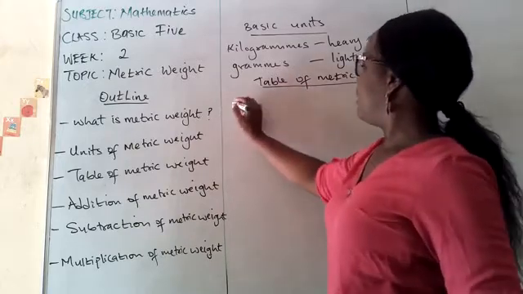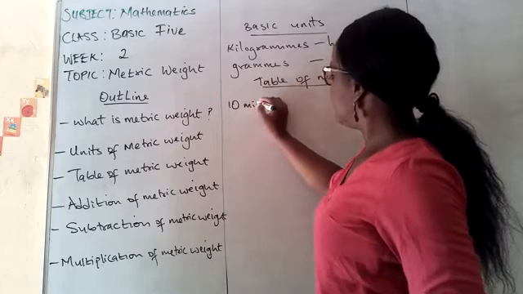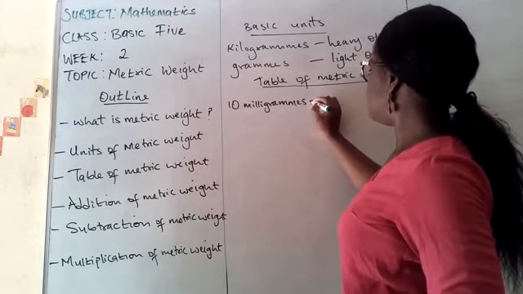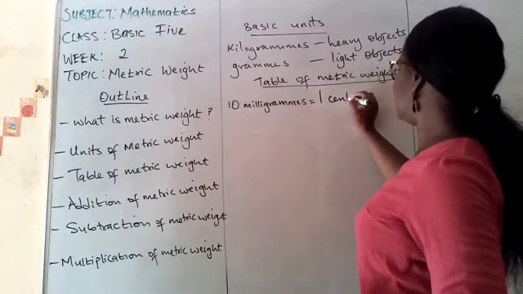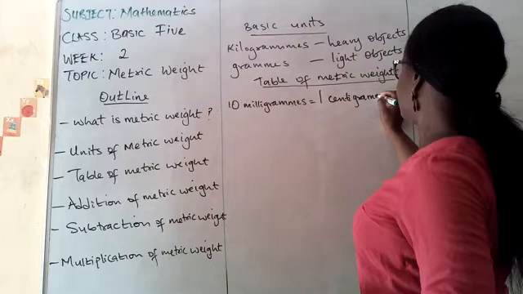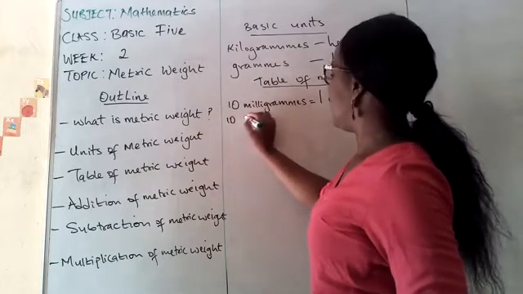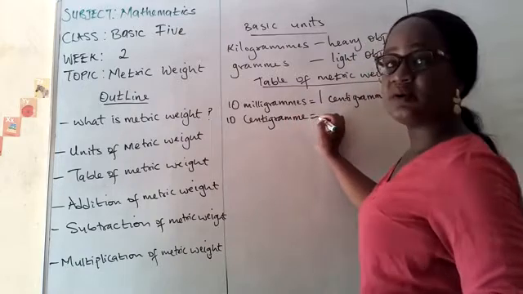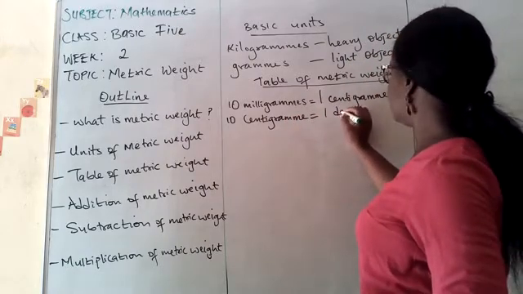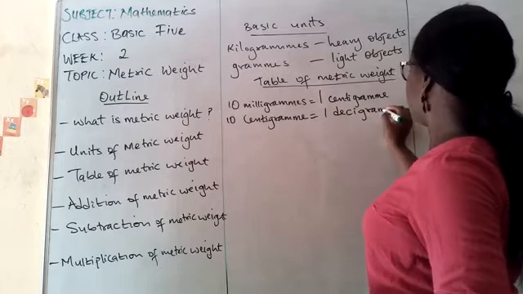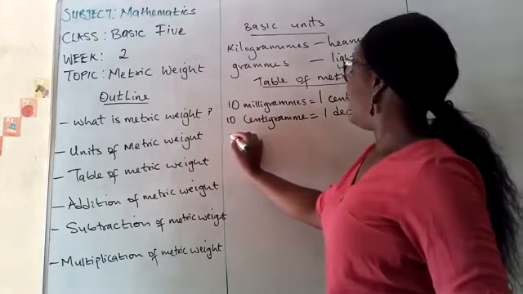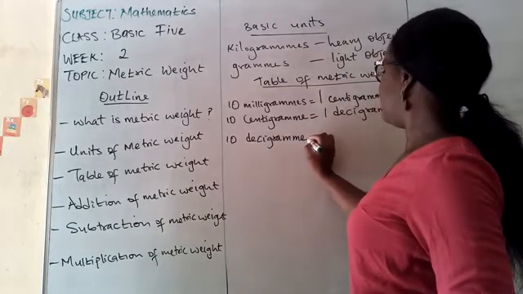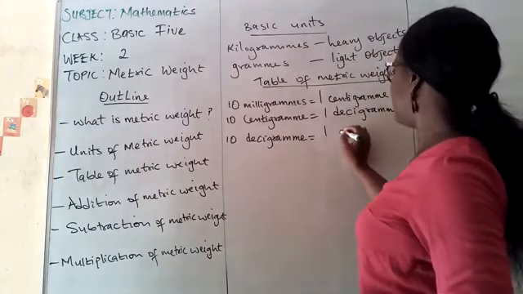So we have 10 milligram is equivalent to 1 what? Centigram. And 10 centigram is equivalent to 1 decigram. And 10 decigram is equivalent to 1 gram.